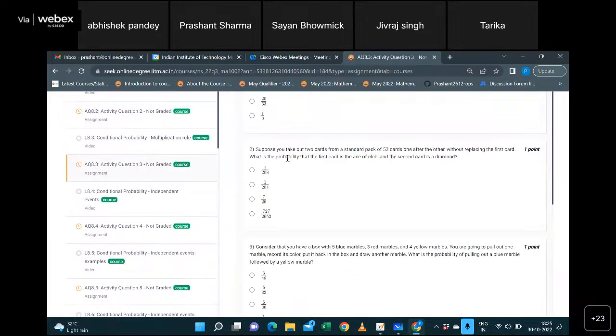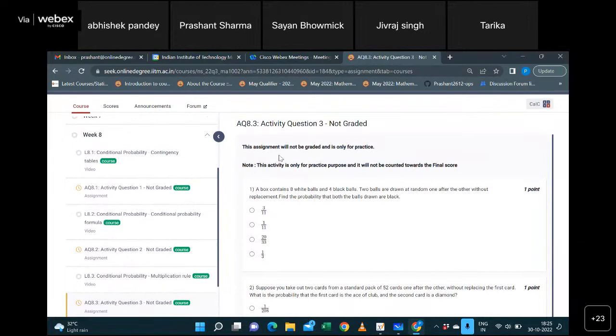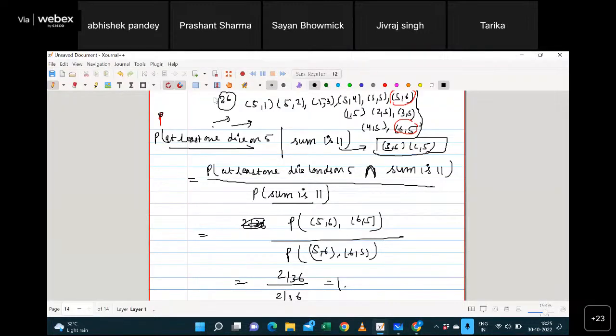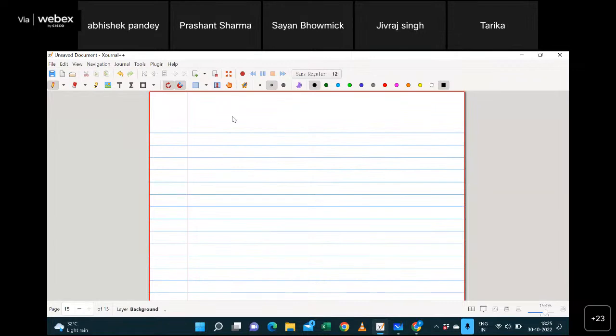Does anybody have a doubt related to the multiplication rule concept or in this activity 8.3? And what is the multiplication rule? First of all, I have event A and event B, right? So you know this conditional probability formula, correct?